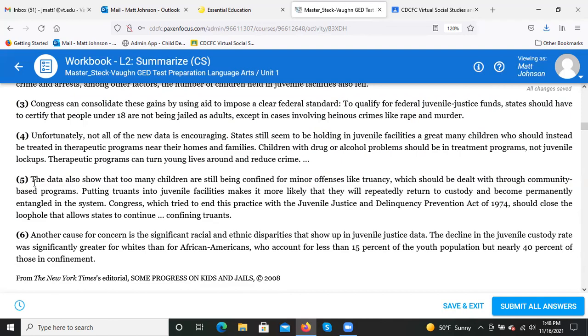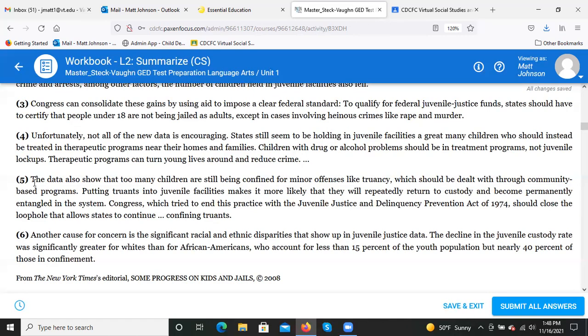Putting truants into juvenile facilities makes it more likely that they will reportedly return to custody and become permanently entangled in the system. Congress, which tried to end this practice with the Juvenile Justice and Delinquency Prevention Act of 1974, should close the loophole that allows states to continue confining truants.